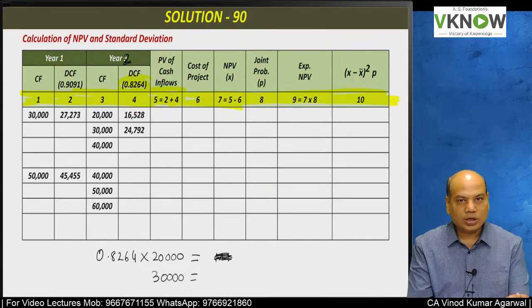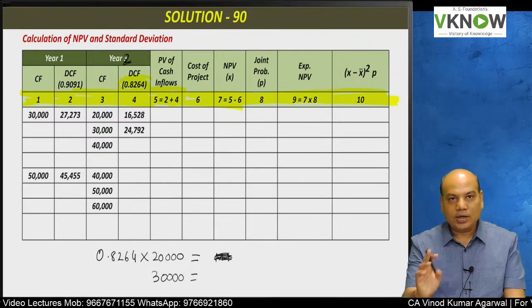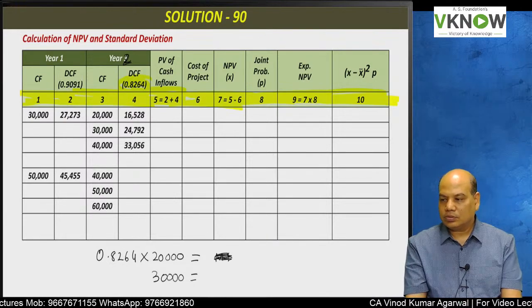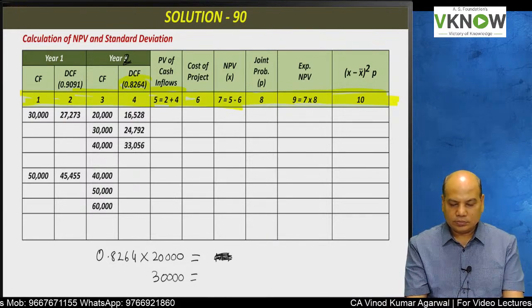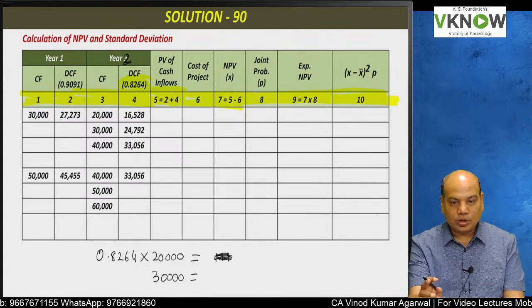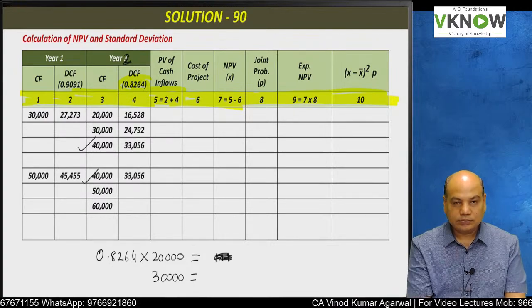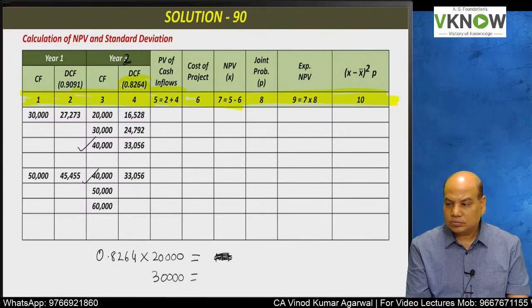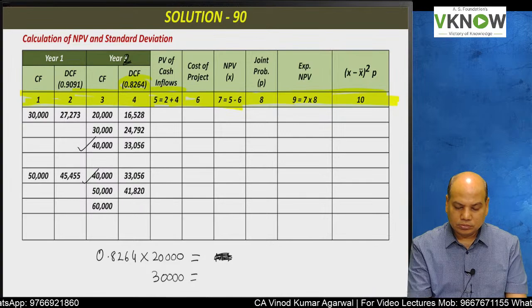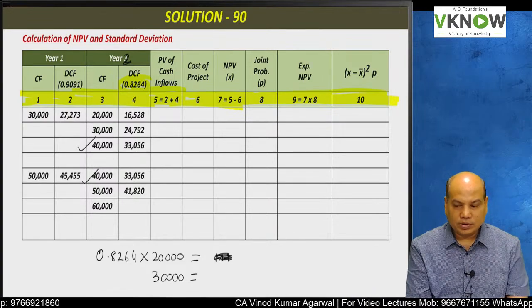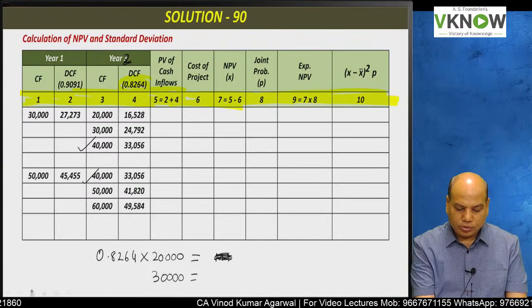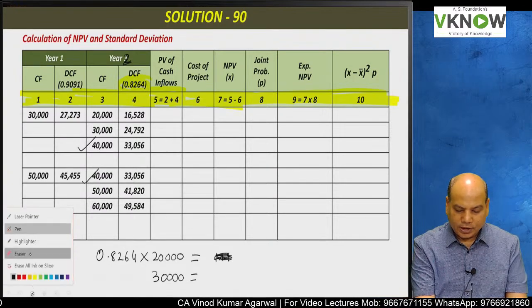That is the shortcut trick on the calculator. Type 40,000, press equal to: 33,056. Now type 50,000, press equal to: 41,320. Then 60,000, press equal to: 49,584.